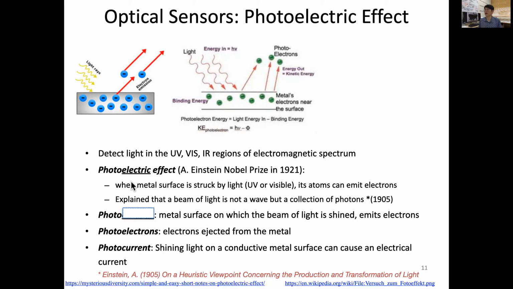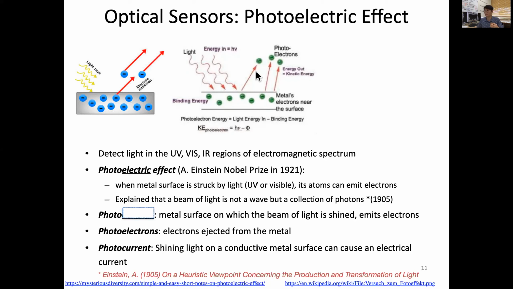The problem is this effect could not be explained by the wave theory of light, because at a certain wavelength or longer, even with a lot of photons and a lot of light intensity, it never gives out photoelectrons.